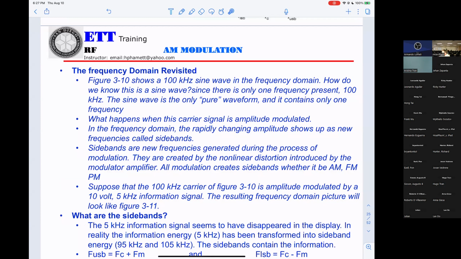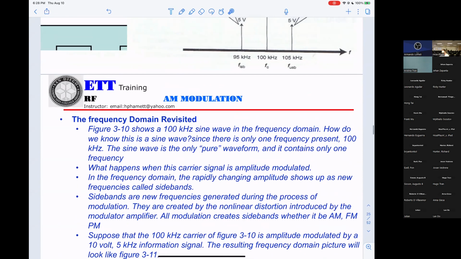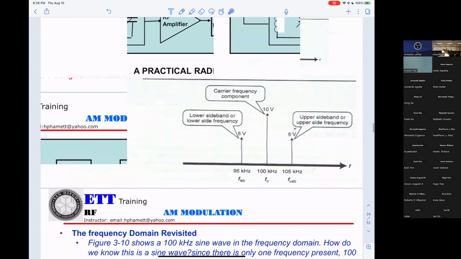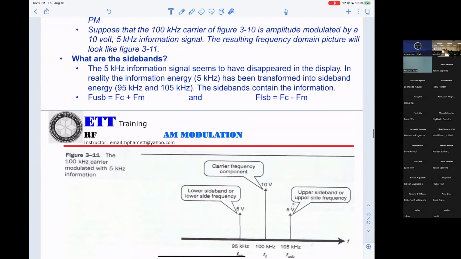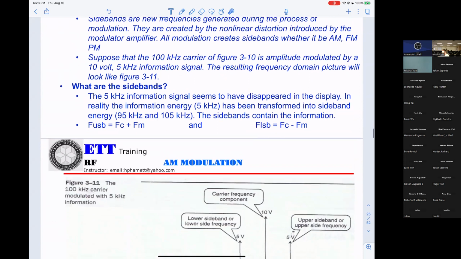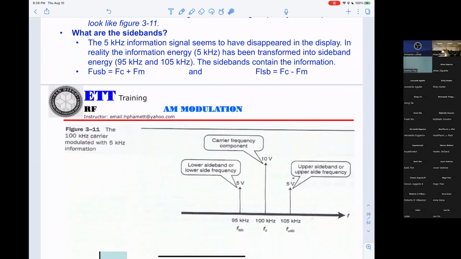Suppose that a 100 kilohertz carrier is amplitude modulated by a 10-volt, 5 kilohertz information signal. The resulting frequency domain picture will look like Figure 3-11. What are the sidebands?